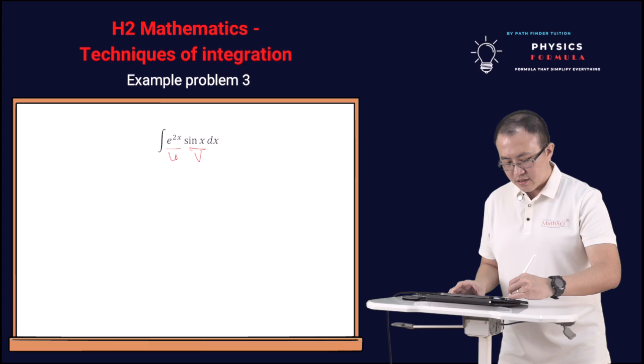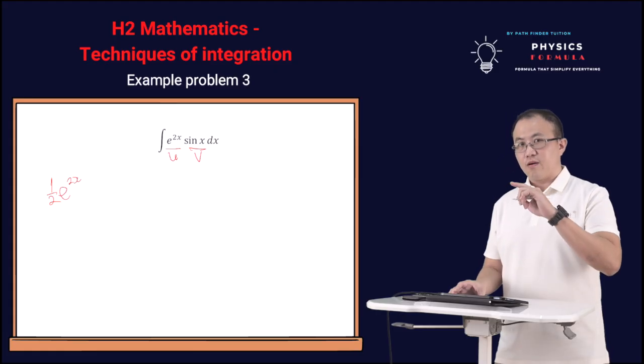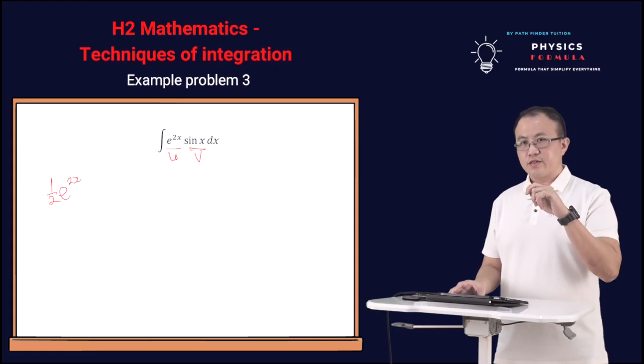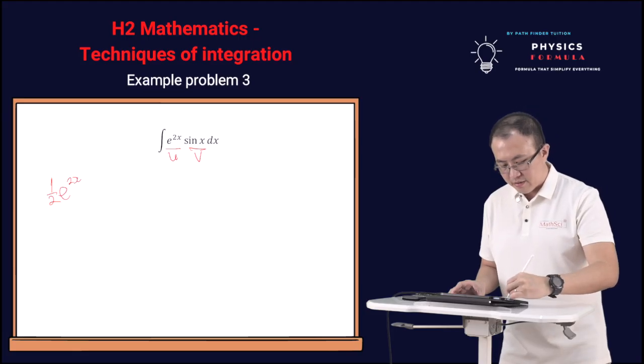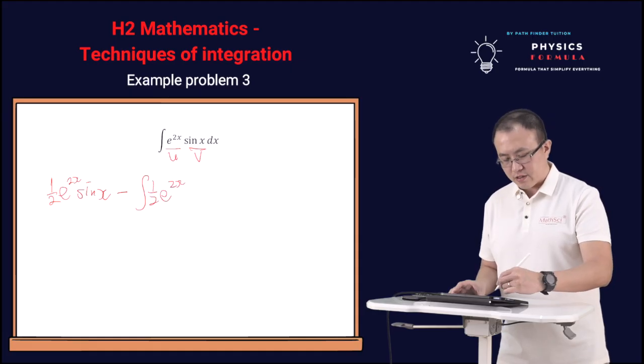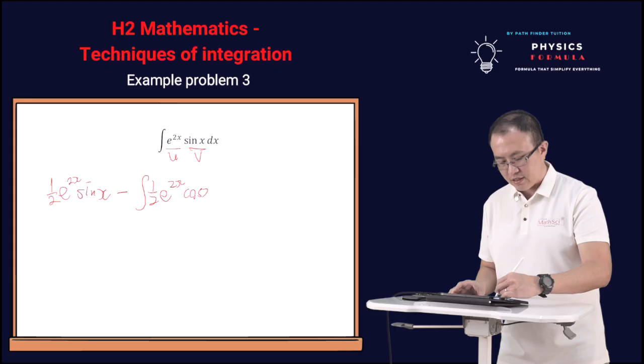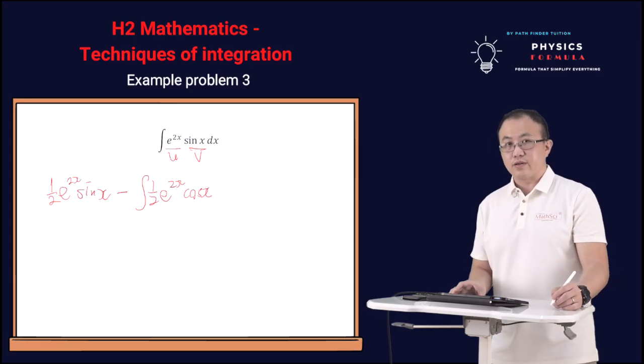By parts, after integrating e^2x, I will get e^2x, and then there's a half here. Because the power has a 2, the reverse of it will be times 2 becoming divided by 2. Then we have the sine x, don't do anything to it, minus the integration of half e^2x. Then differentiate sine x, you will get cosine x. So this is what you will get.